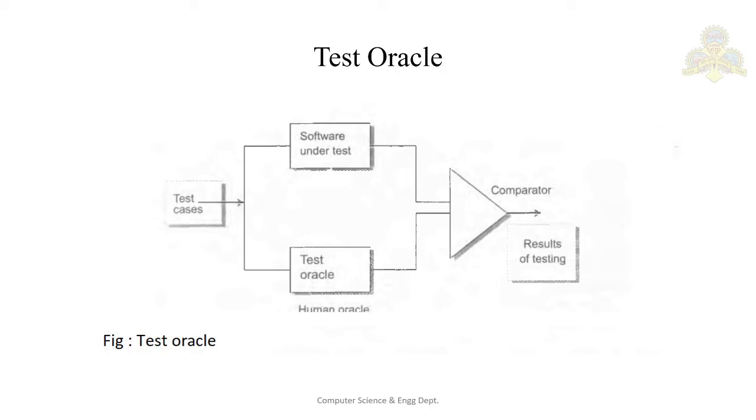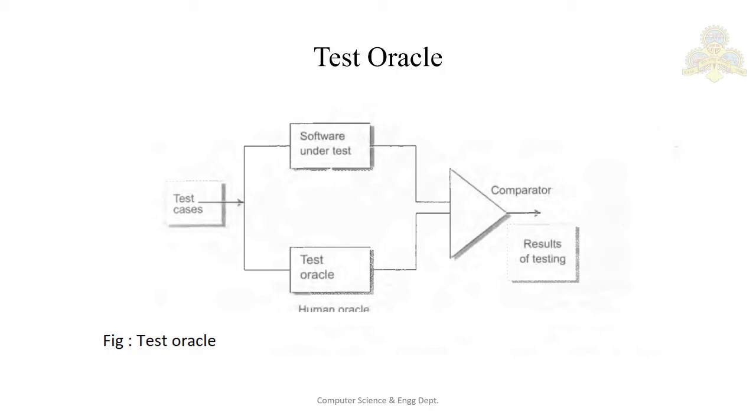So your friend now acts as a computer. That means he goes through the code step by step as per the input data and arrives at the output. If the output is the same as the expected, then the program is said to be correct. Otherwise, there is a defect in the software.